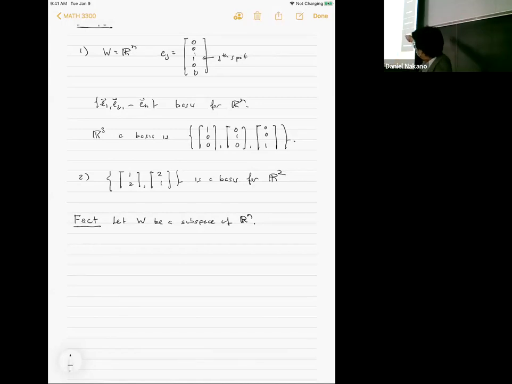So look at example 2. I have a basis for R2, but I know another basis for R2 is 1, 0, 0, 1. Right? But what can we say about these two bases? Something even cruder than equivalent.